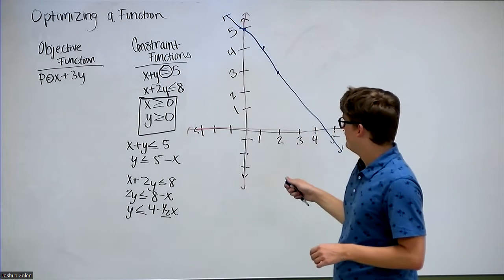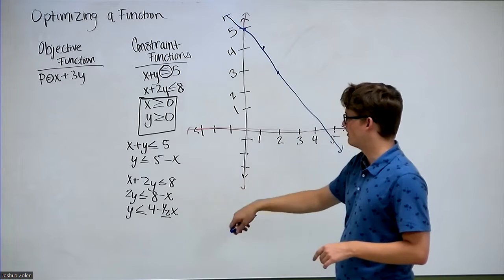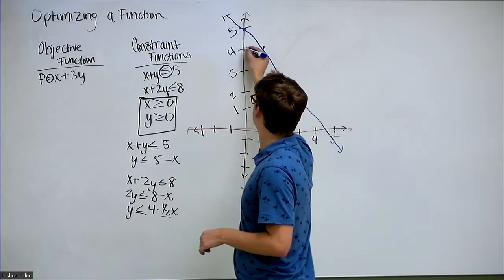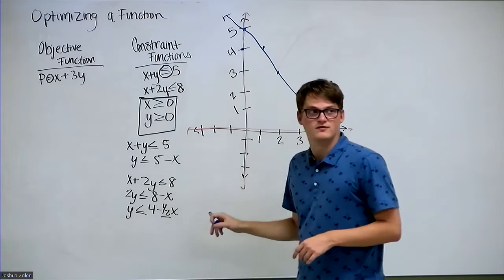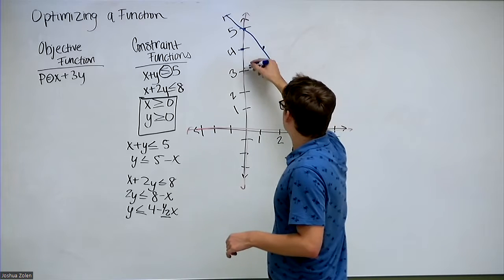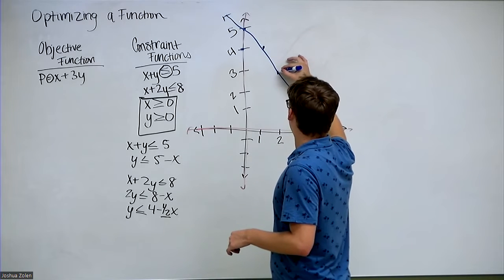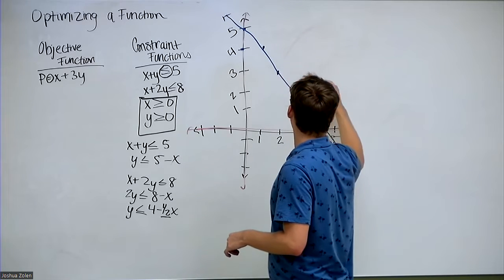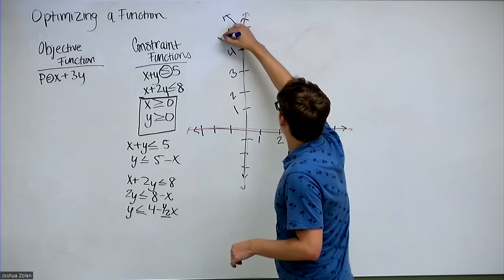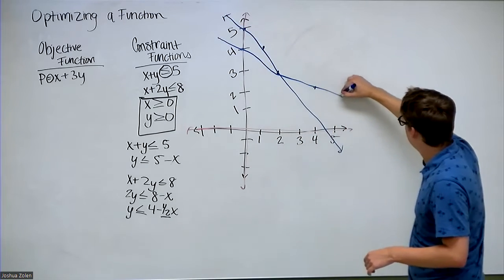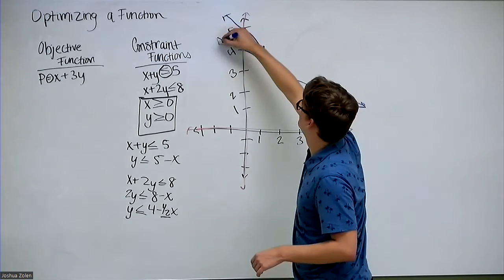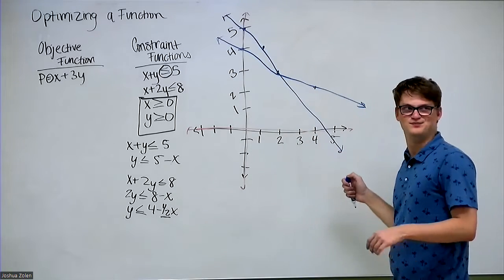There's our line, and then y is less than or equal to 4 minus 1/2 x. So we have a y-intercept of 4 and a slope of -1/2, so we're going to go down 1 over 2, down 1 over 2. We're going to get something that looks like this. So that's a very poorly drawn line.